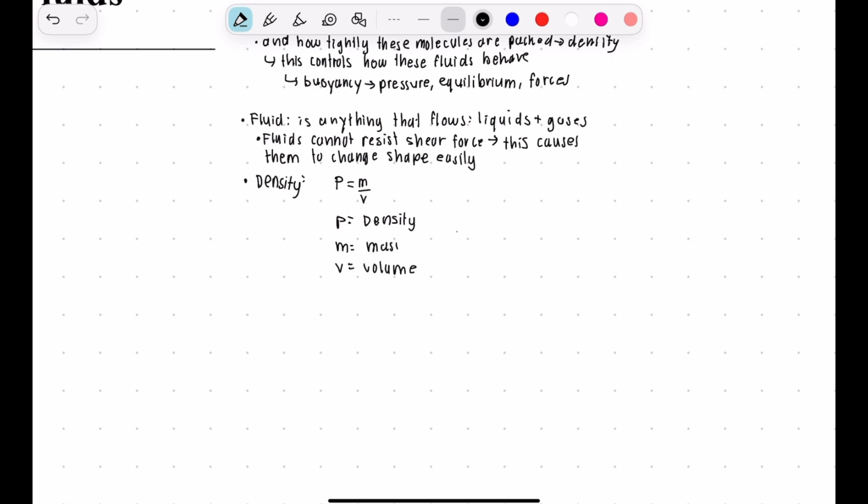The units for each of these are kg divided by m³. This is an SI unit that you have to memorize. Mass is measured in kilograms, and volume is measured in meters cubed.